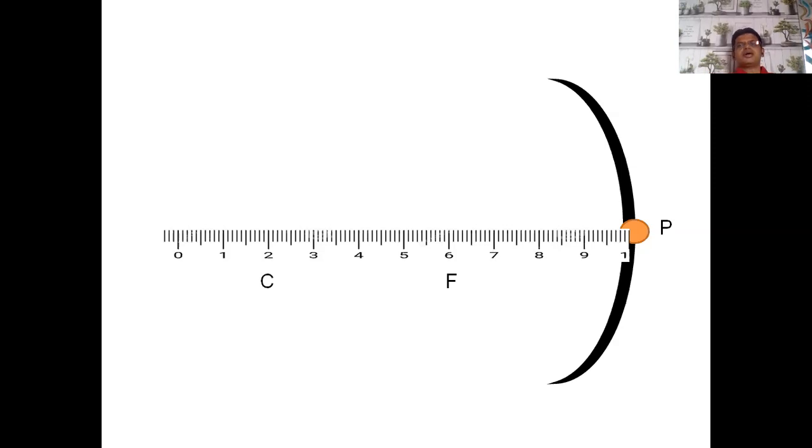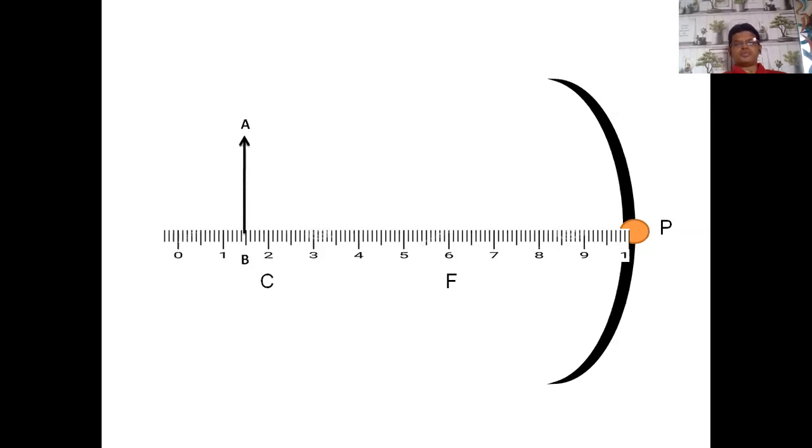Here I am showing one diagram, in which we put the object at C. As per your screen, first we show the concave mirror, then the principal axis, and three points: the pole, the focus and the center of curvature.